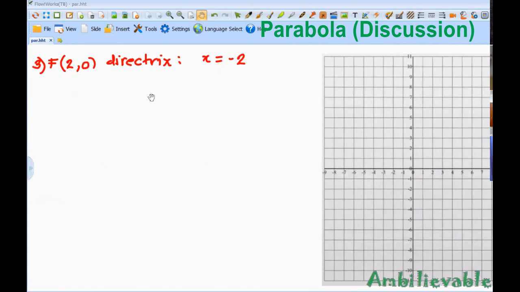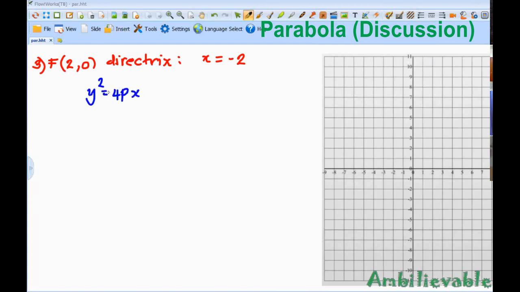Focus at 2, 0, directrix x equals negative 2. You are asked to find the equation of the parabola since you have the focus. Since you have 2, 0, your equation will start with y squared. So y squared is equal to 4px.